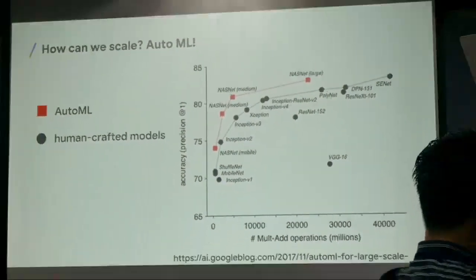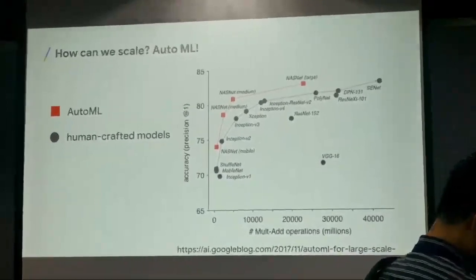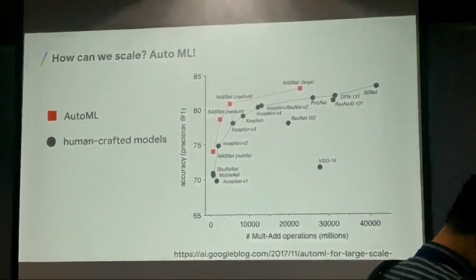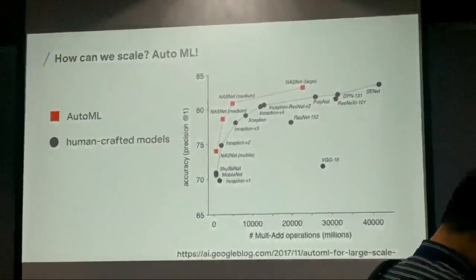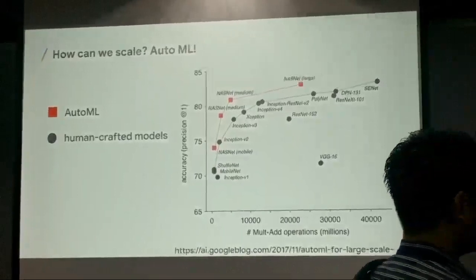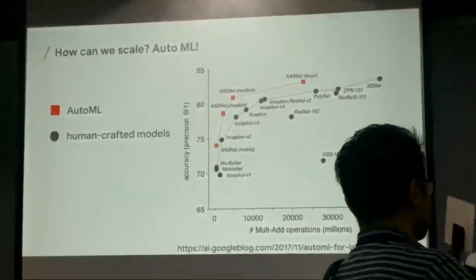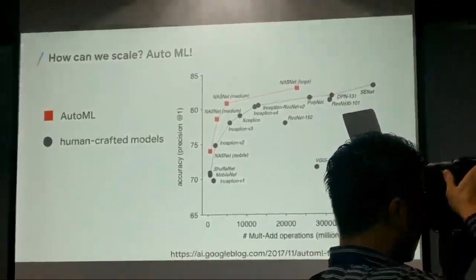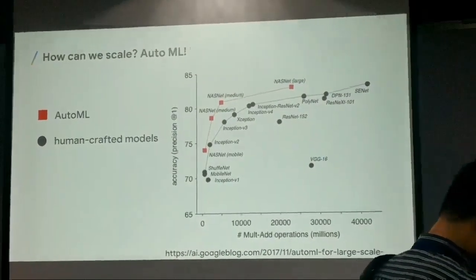And as you can see, the AutoML models were better accuracy, and they took less time to build. So AutoML is easy to use. It builds better models faster, and it actually eliminates the need for the machine learning expertise. All you need to have is labeled data.